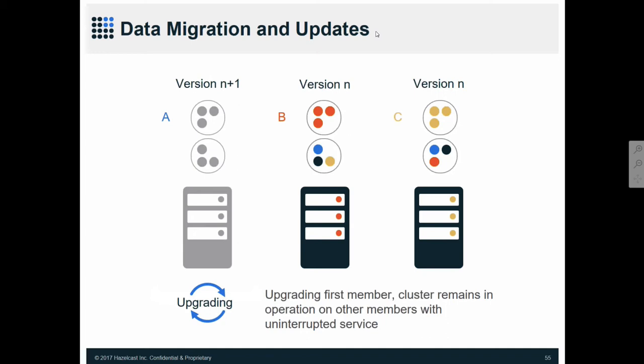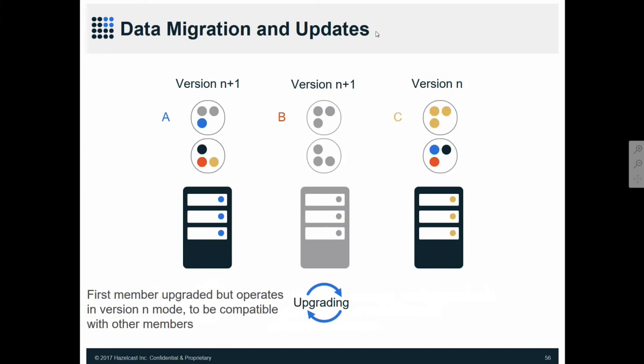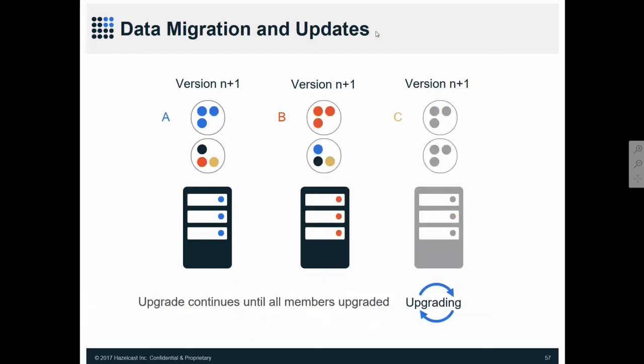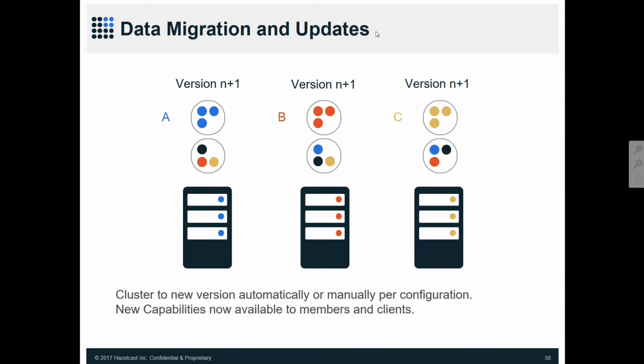So shut down one node, update this one node, start it up again. Wait until the cluster is healthy. Go on with the same procedure for the next node. You shut it down, you upgrade the version, or you redeploy, and you start it up again. You wait until the cluster is healthy, and you do the same thing. And in the end, after everyone is on the new version of the software, you actually have to commit this operation, which means you can either configure it to be automatic the second all nodes are upgraded: please switch to the new cluster protocol, which for example could be 3.9 right now.